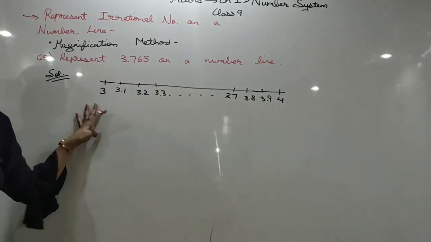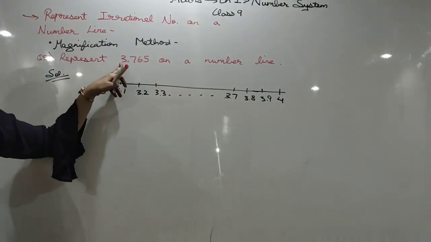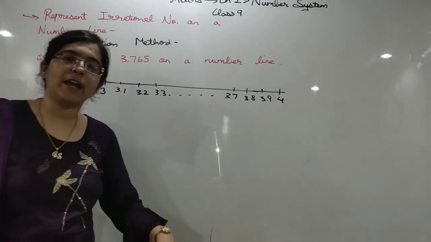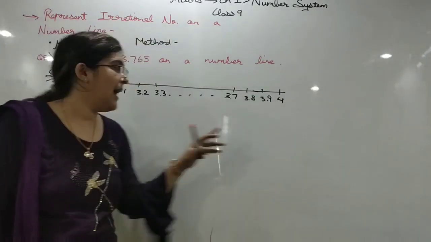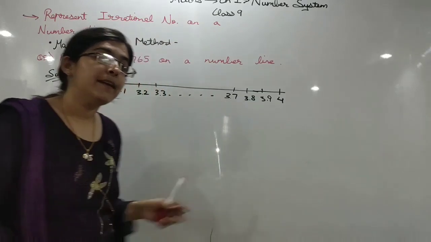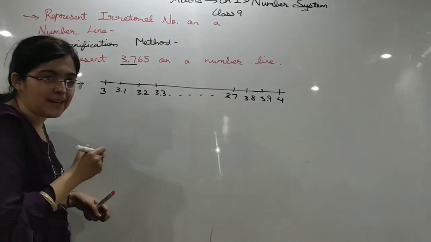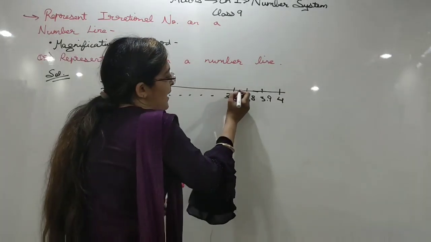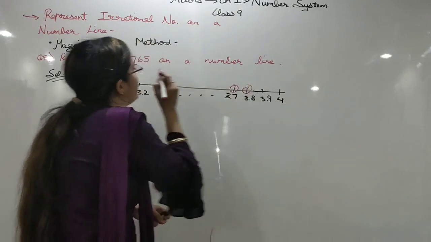Again, see students, what we have done for the magnification method. You have seen here it is 3.765. So we have drawn between 3 and 4 and written 3.1, 3.2 up to 3.9. Now, see this digit. This is 3.7. That means it will lie between 3.7 and 3.8.